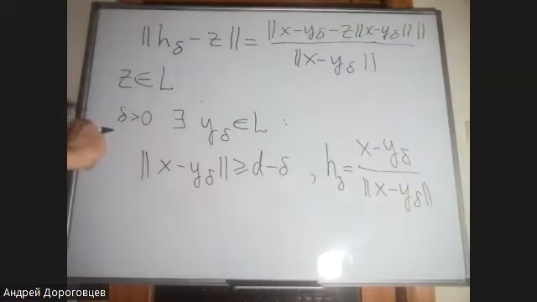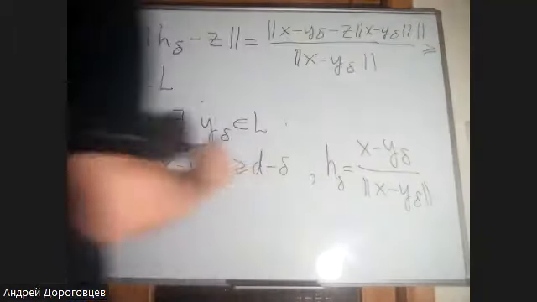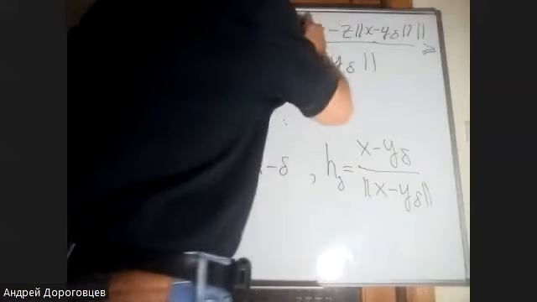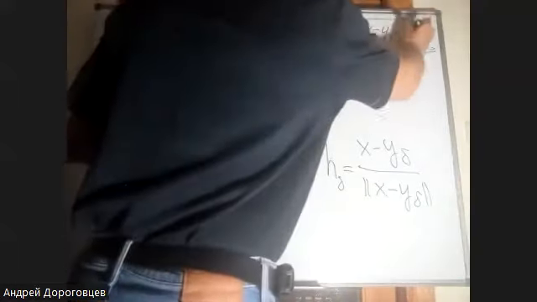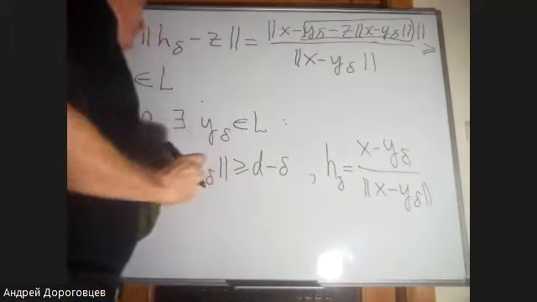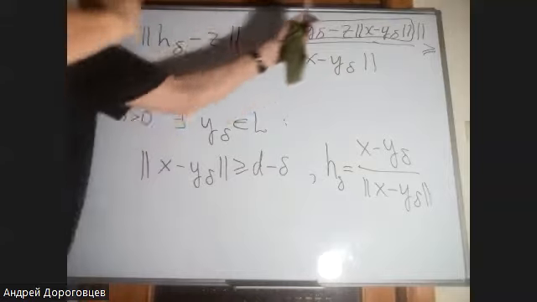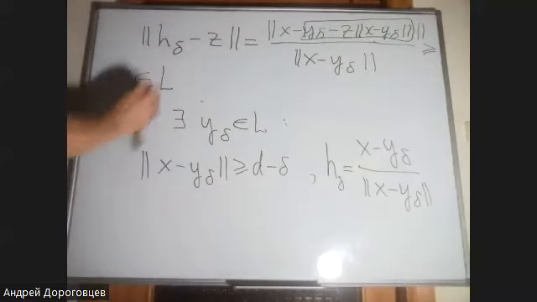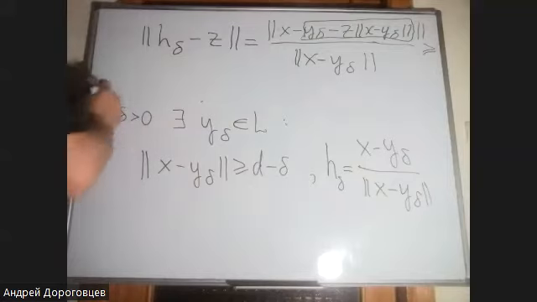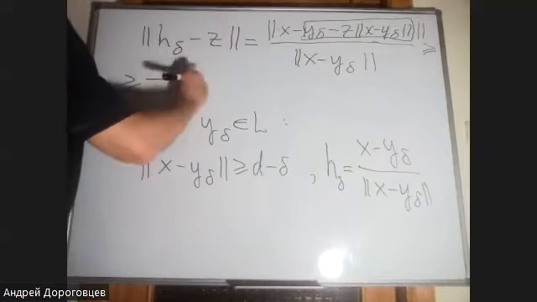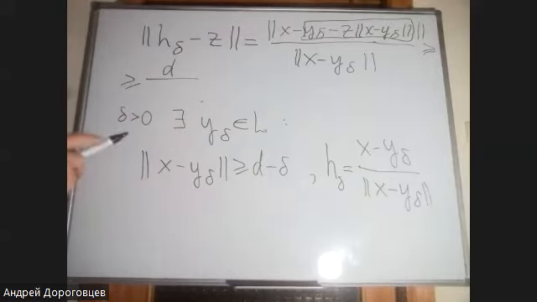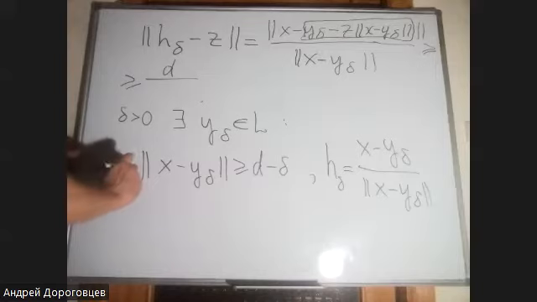Then you see that it is greater or equal than what? This is an element of our L, because y delta belongs to L, z belongs to L, and this difference too belongs to L. Due to this, this is greater or equal than d, and here I will take the biggest one.